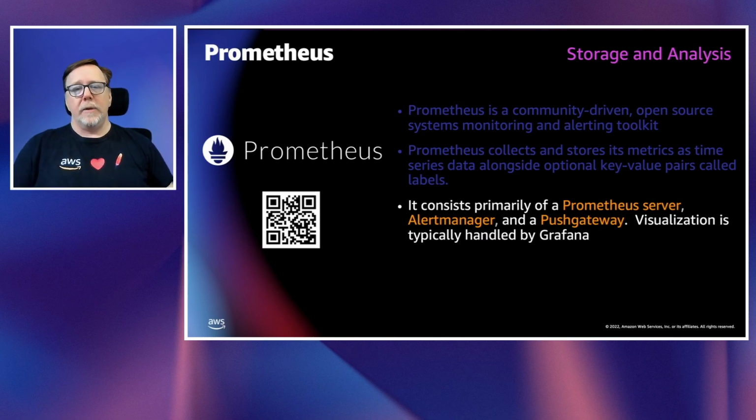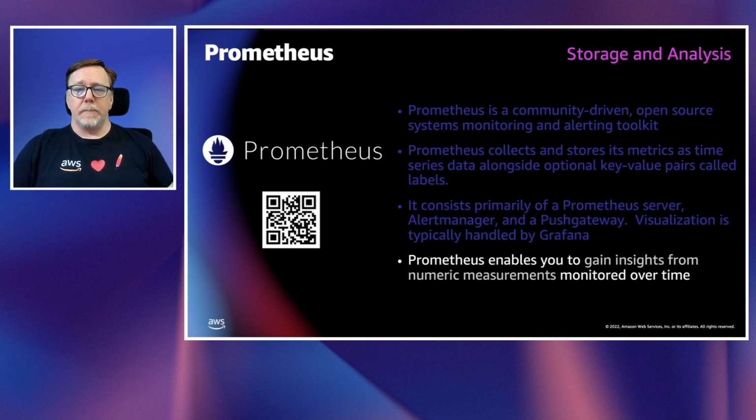Usually you will handle visualizations with Grafana. It really, again, is more on the metric side. So it enables you to gain insights from numeric measurements. So this is stuff like your CPUs, your latencies, etc.